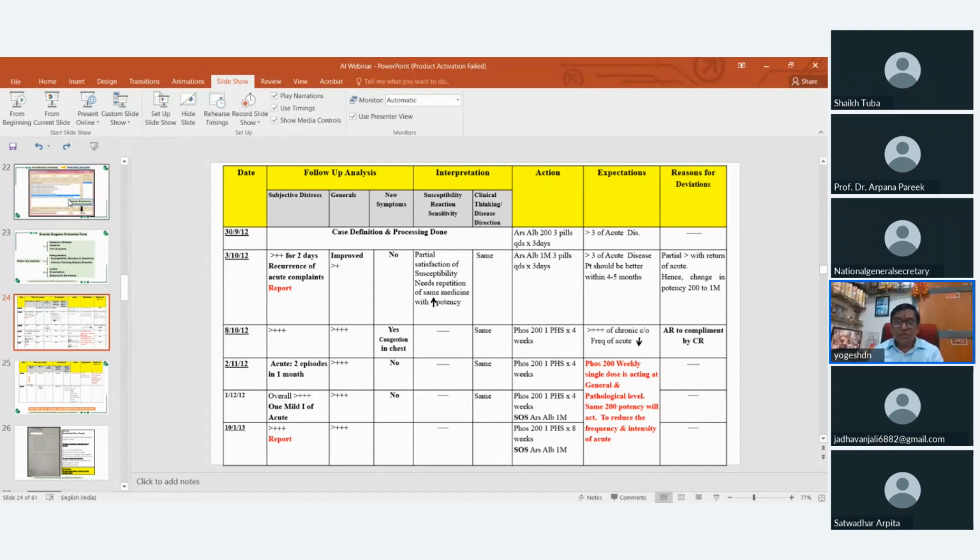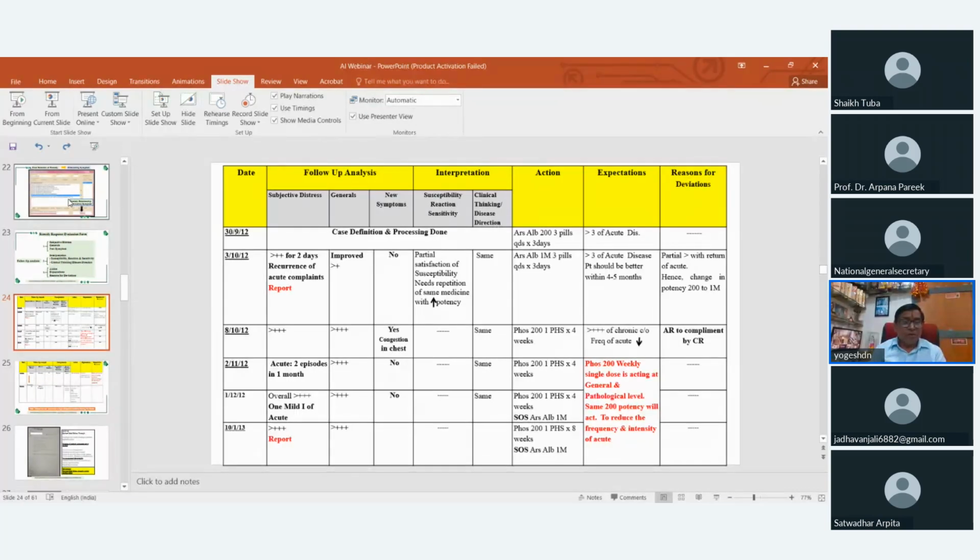And the reason for deviation from Arsalb 1M to phosphorus 200 was the acute remedy to be complemented by chronic remedy. So again, here we are trying to understand the way in which the remedy relationship has to be understood and how the complement has to be given to the acute by prescribing chronic remedy in disease where the pathology is of chronic nature.